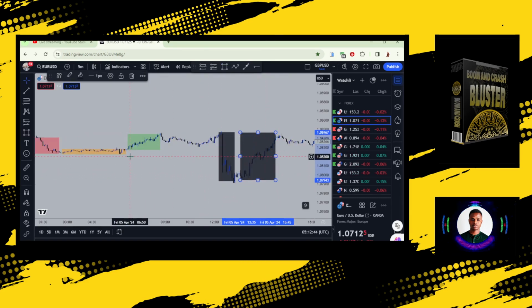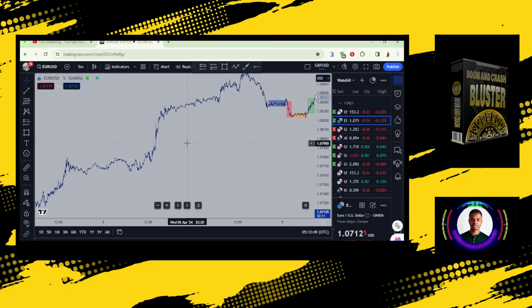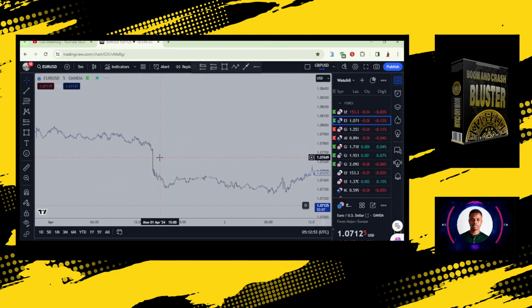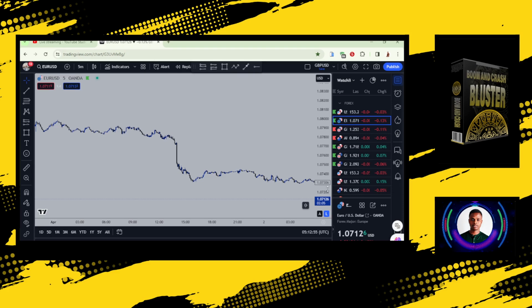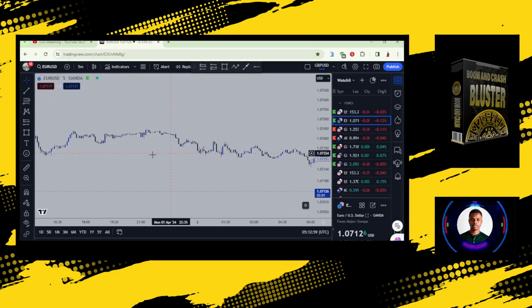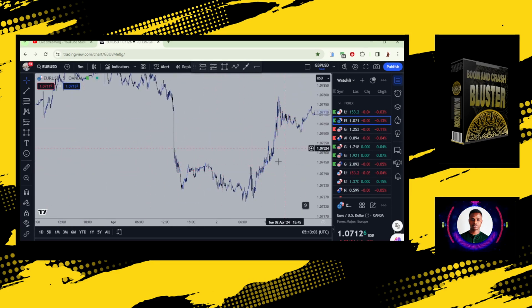The market might come back later, but you can see again here a huge move to the downside, and then after that you can see the market coming back to close that gap.